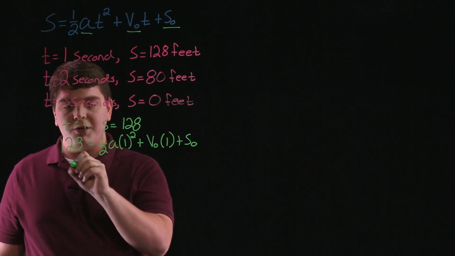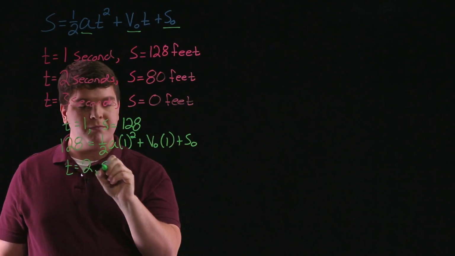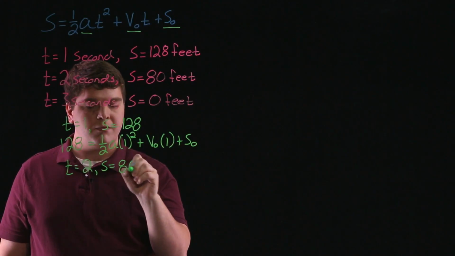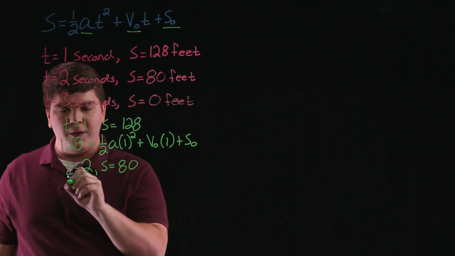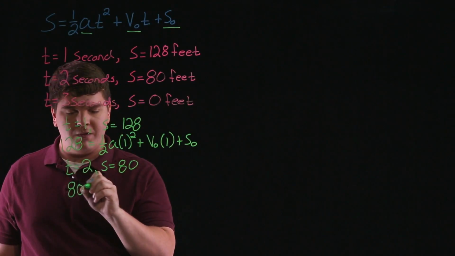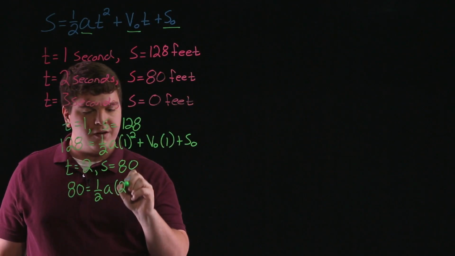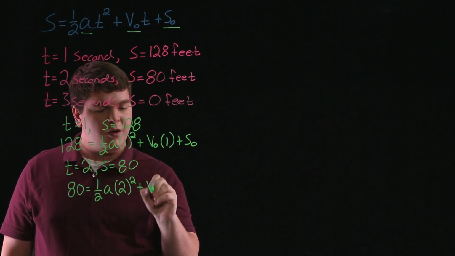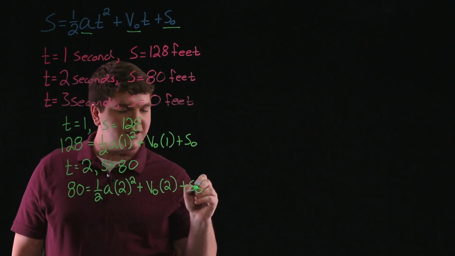Now when t is equal to 2, we have that s is equal to 80. So we can substitute this into our equation, and we have 80 is equal to 1/2 times a times 2 squared plus v naught times 2 plus s naught.